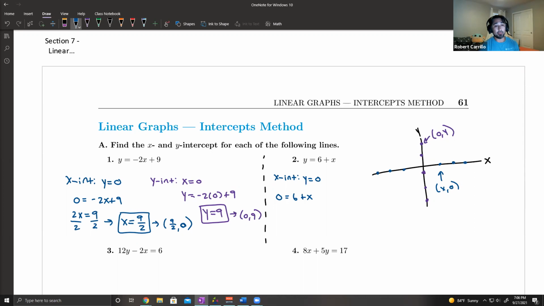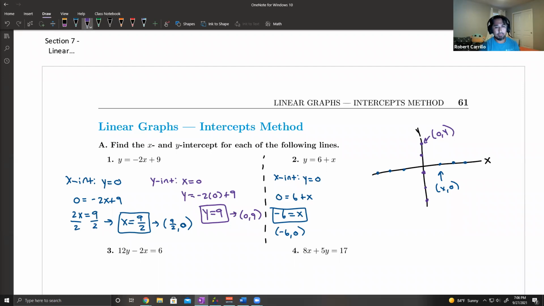And this time to solve for x, it's just going to be easier to move that 6 over. So we subtract that 6, and you get negative 6 equals x. And of course, in coordinate form, negative 6, comma 0.